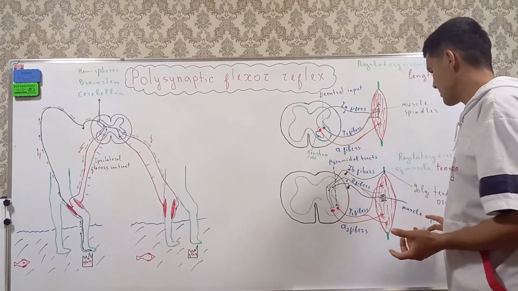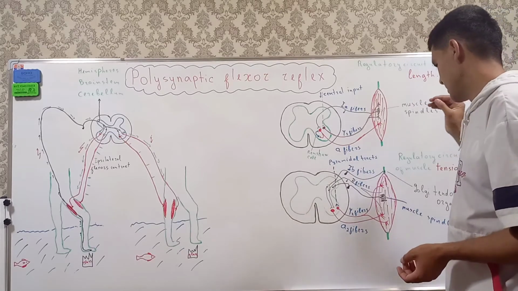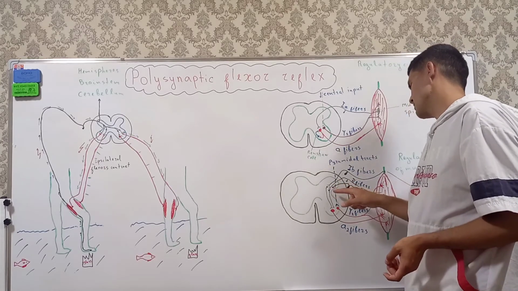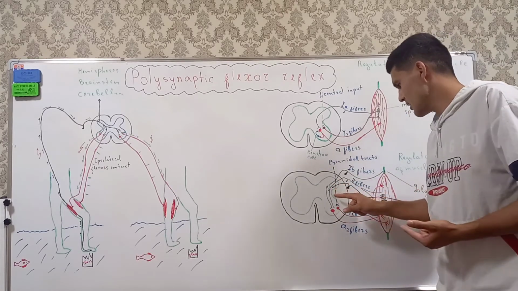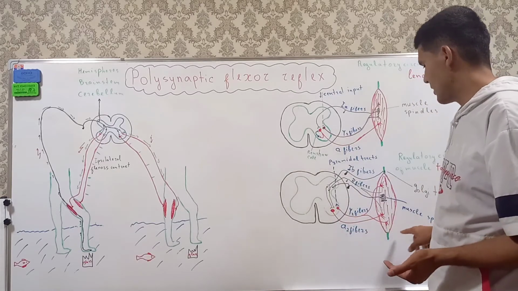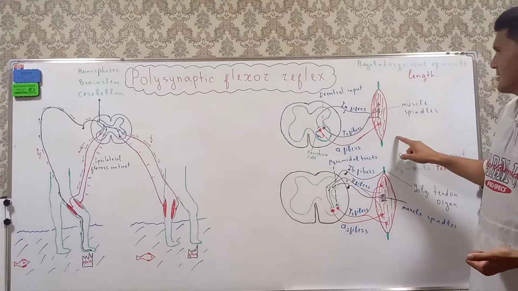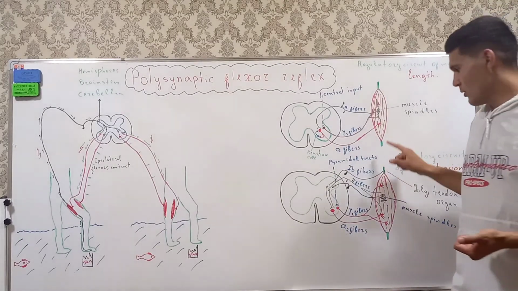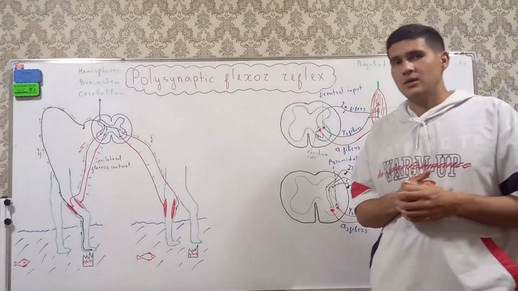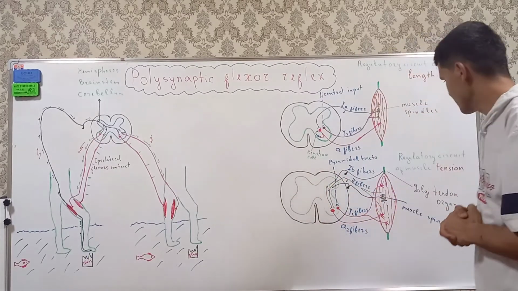As a result, muscle spindles carry higher density information to the spinal cord, and the spinal cord analyzes it, and this information is carried to alpha 2 fibers, and the muscles contract more strongly than in this reaction. Okay? For that reason, we can perform our dynamic actions, running, swimming, and something like that.